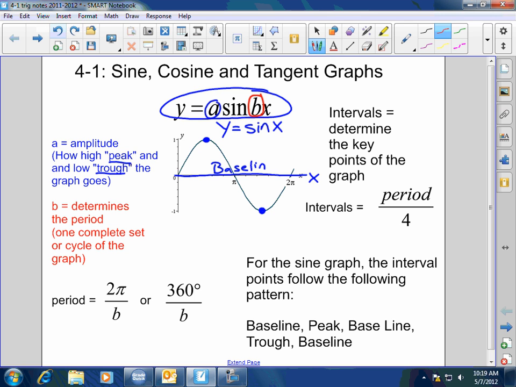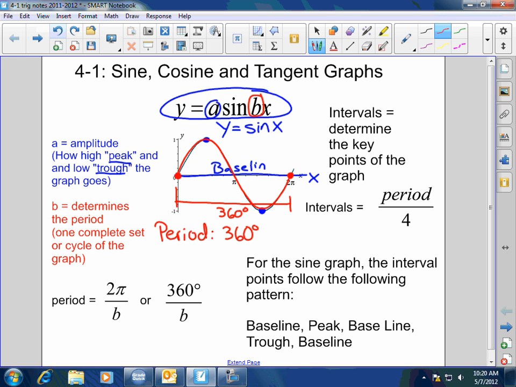For sine and for cosine, just so you know, the period is 360 degrees. So once the sine graph completes one full cycle, the span of that cycle was 360 degrees. That's what the period is.